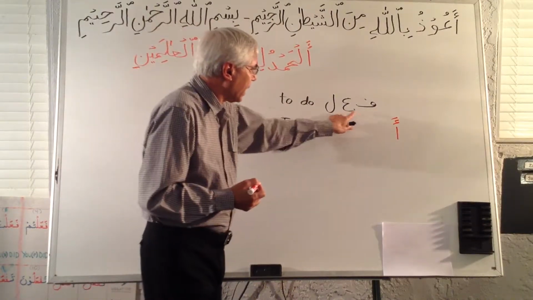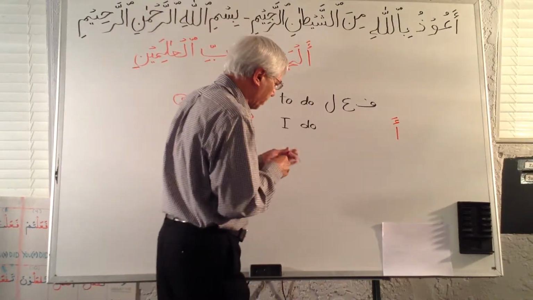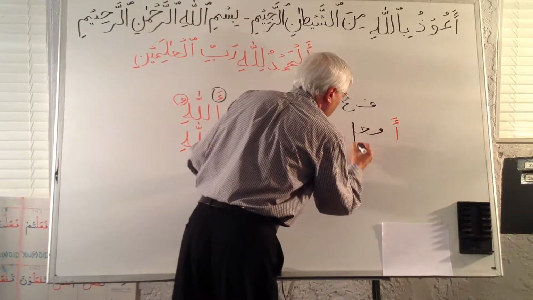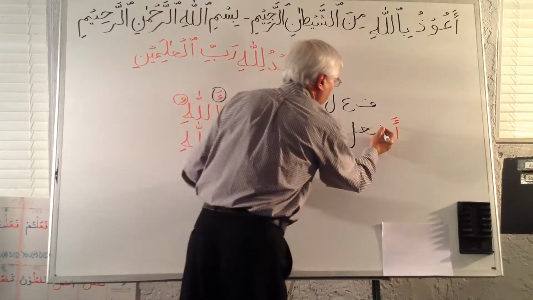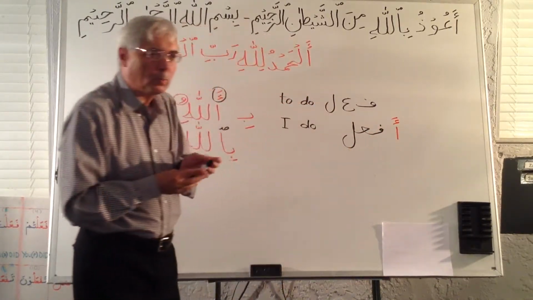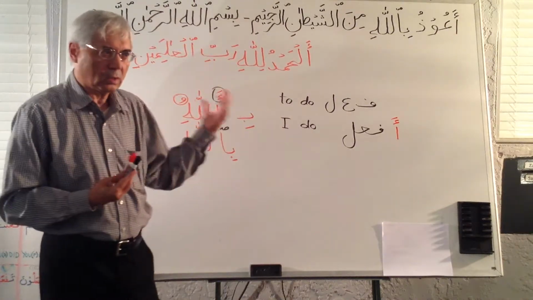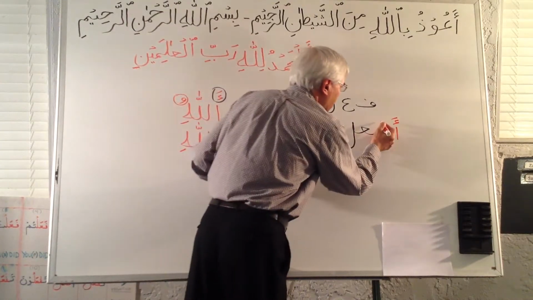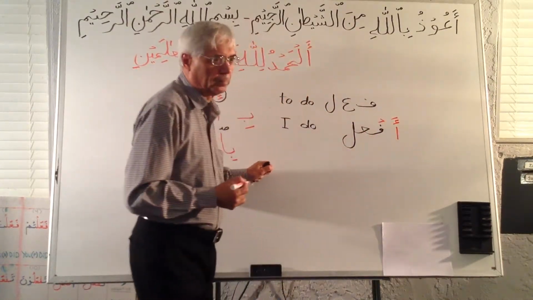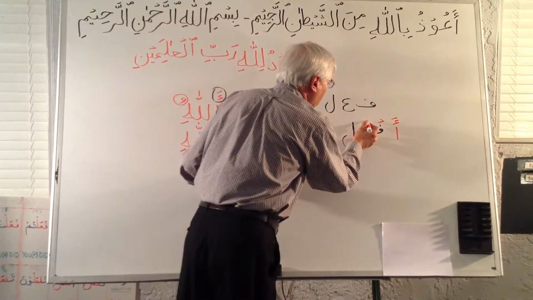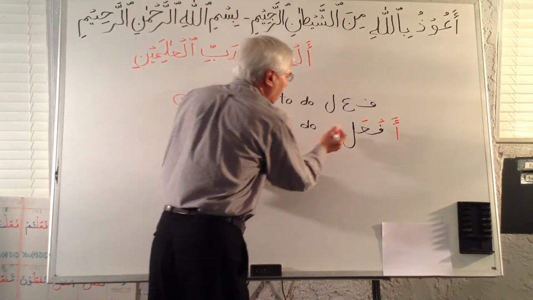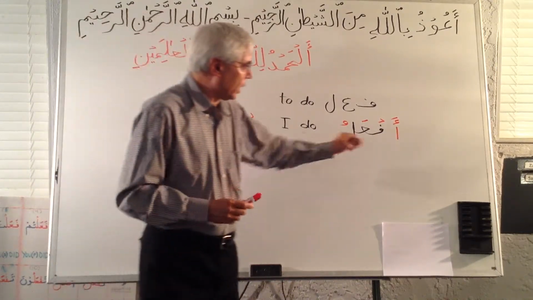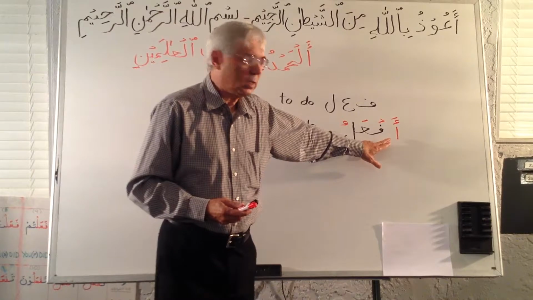Then I take these three letters and write them together like this. Now in order to bring this sound, how do I pronounce it? I have to put some harakat on this. On the first one I'm going to put a sukoon. On the second one I'm going to put a fatha. On the third one I'm going to put a damma. So I can pronounce this word now. This will be af'alu.